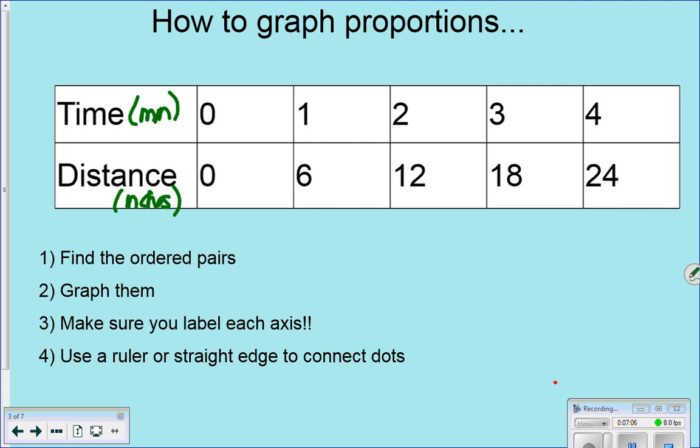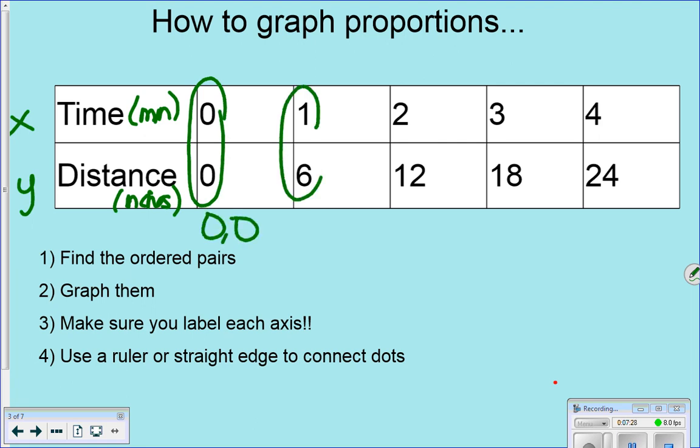All right. So the first thing we're going to do, we're going to use this chart and put it into a graph. My first line up here is going to be my x's, and my second line is going to be my y's. The first step says to find the ordered pair. Luckily, here's an ordered pair: 0, 0.